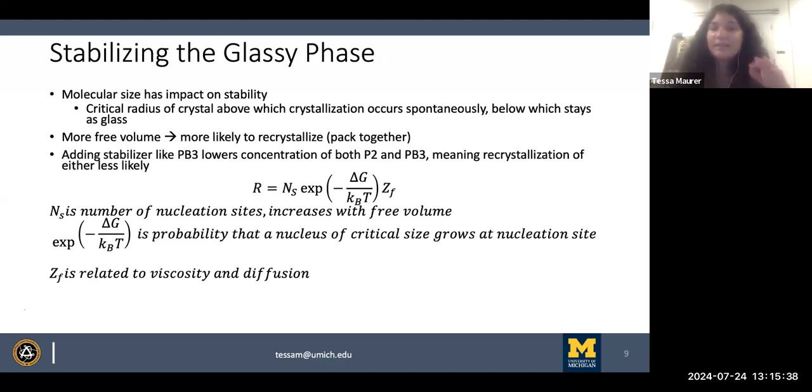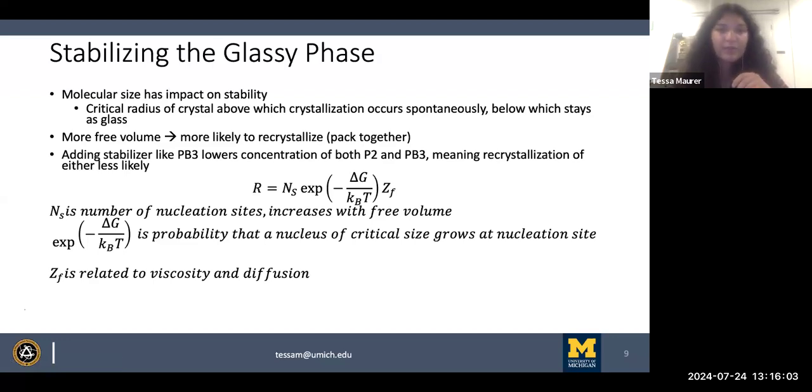But the idea is that they're different just enough that it lowers the effective concentration of either P2 or PB3 in a way that makes recrystallization less likely. So that was a pretty important aspect of the glass. And then this is an equation taken from nucleation theory, so recrystallizing.